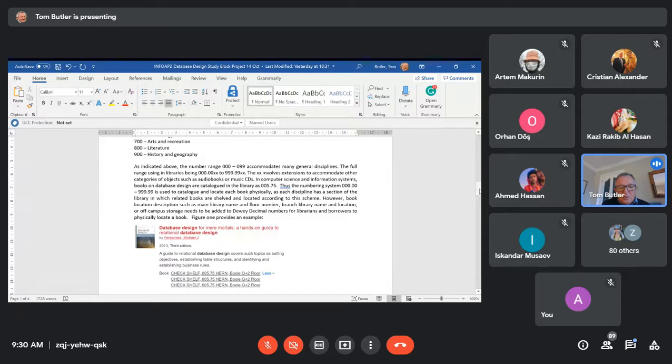Then they can look at the book and check if there are two Hernandez there. They'll still be able to see the book title and the edition, and they can make the decision then. Whereas in the library, we need to keep an accurate record of all authors of all books.